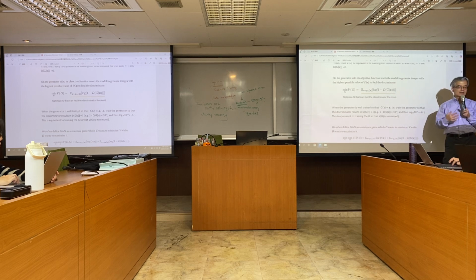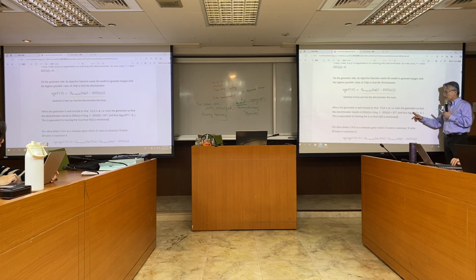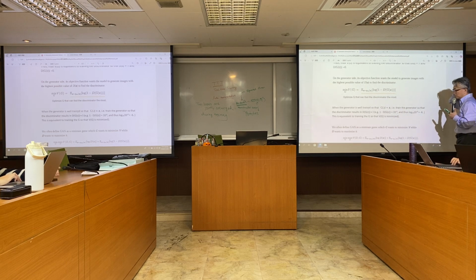If it's less than 10 to the power of minus 6, that will be good enough. This is the precision of the floating point, and thus we take the log of that, which is equal to minus 6. Let's try to minimize that.